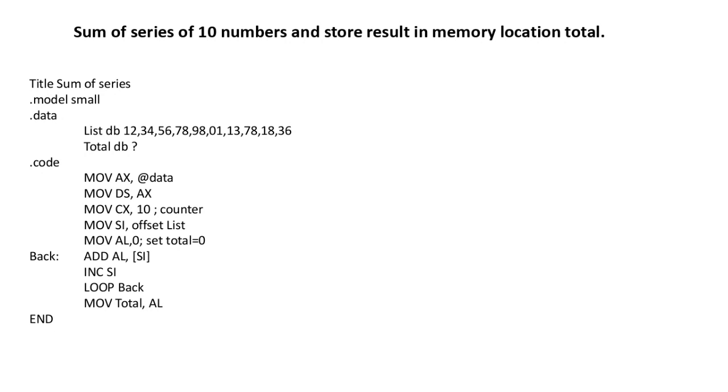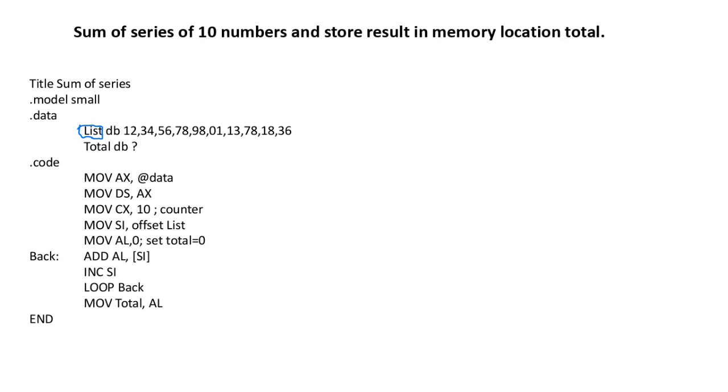For example, look at this program: sum of a series of 10 numbers and store the result in a memory location. The list of data, we name it list, db, with 10 numbers, for example 2, 34, 56, 70.